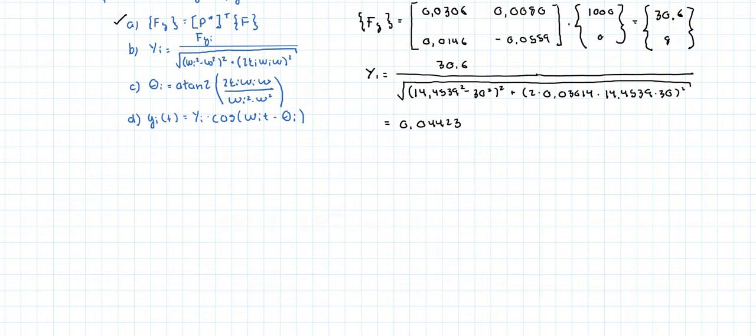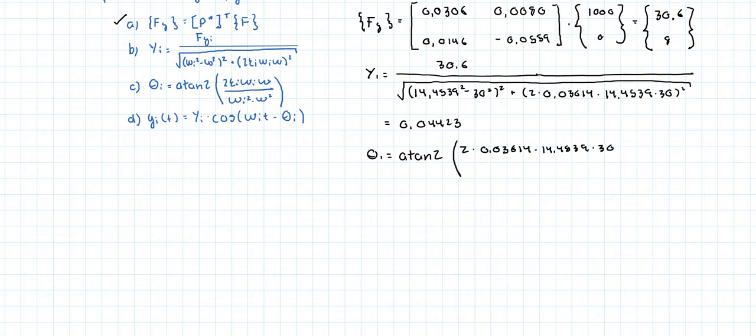Let's calculate, while we're at it, the first angle, theta 1. We're going to use the a tan 2 function. So that's 2 times 0.03614 times the first natural frequency times the excitation frequency, 30.